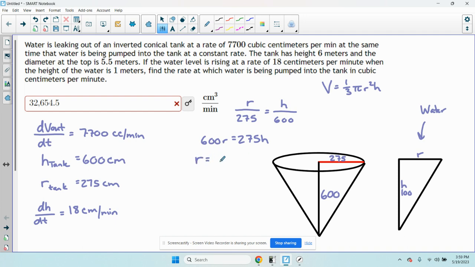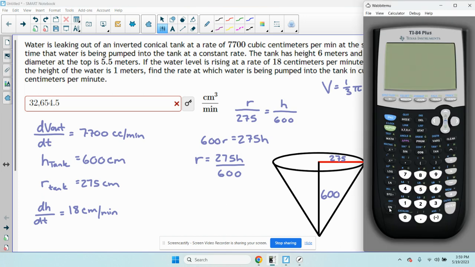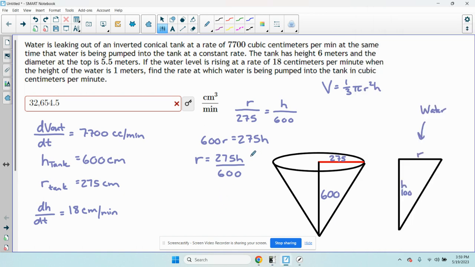I have R equals 275 H over 600. And I'll just reduce that real quick. I'm going to cheat a little bit just to save some time. 11 over 24. So this is R equals 11 over 24 H. So what else am I looking for?